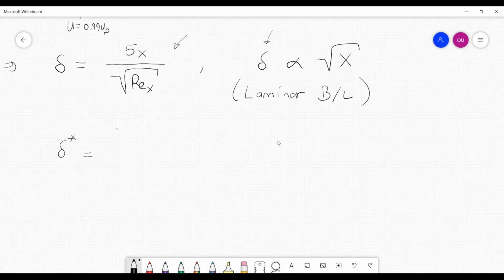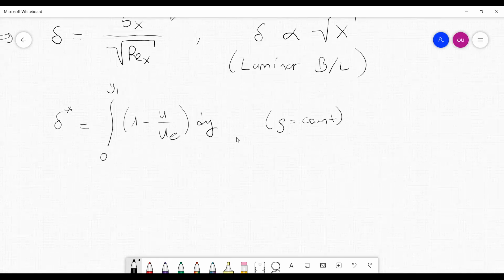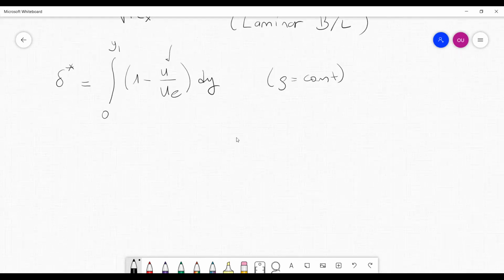And using the delta star definition, let's remember that this was equal to the integral of 1 minus u over U_infinity times dy, assuming rho is a constant, so for incompressible flow. Here we have an expression for u obtained from the Blasius solution. So we use that.